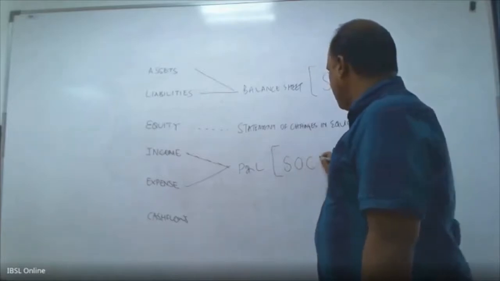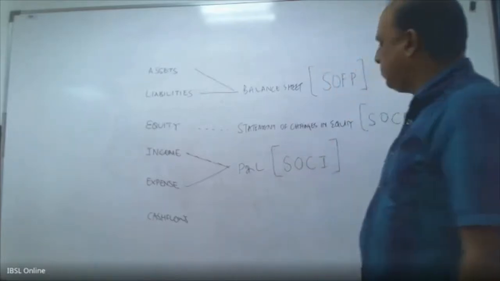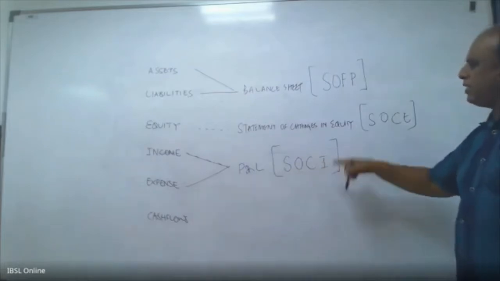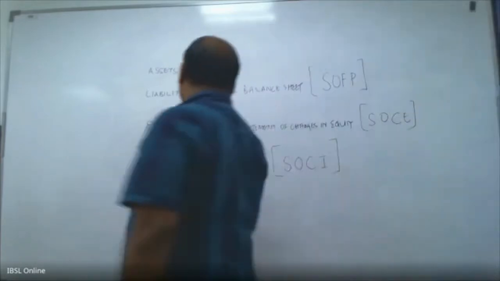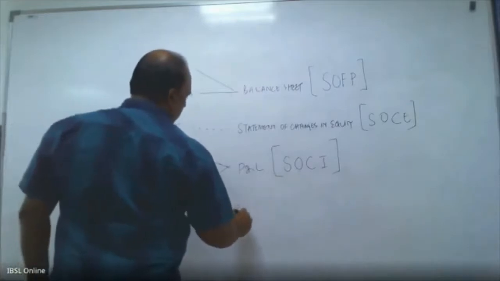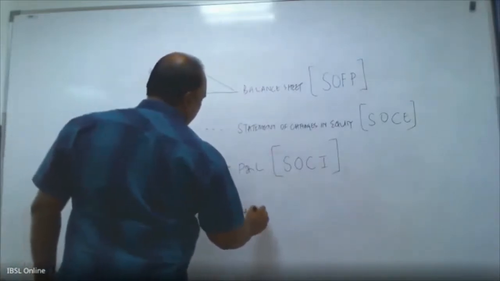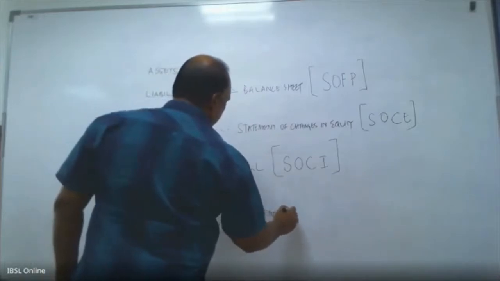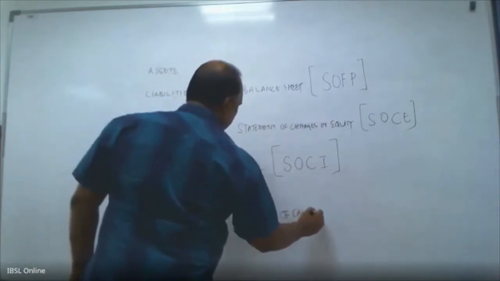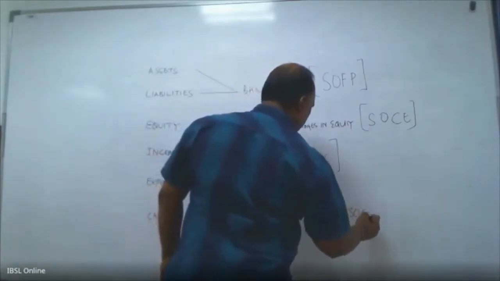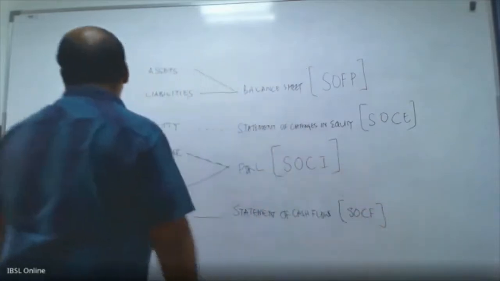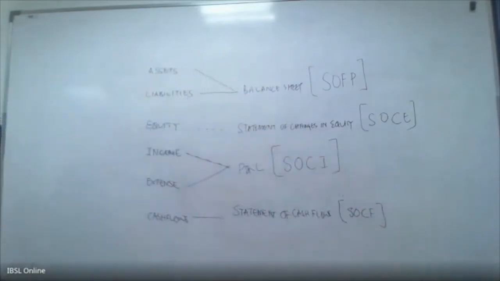Statement of comprehensive income. Statement of comprehensive income. These short forms, you can use it in the examination, so you have to remember. And the last one, cash flows. It is going to the statement of cash flows. So this is SOCF, statement of cash flows. Right? You can make a note in your handout.